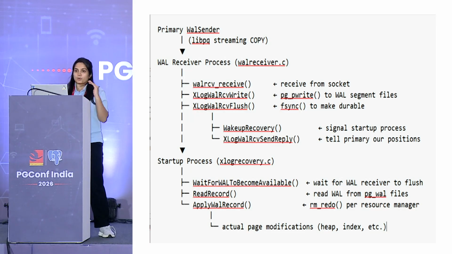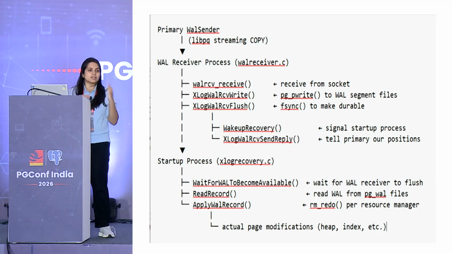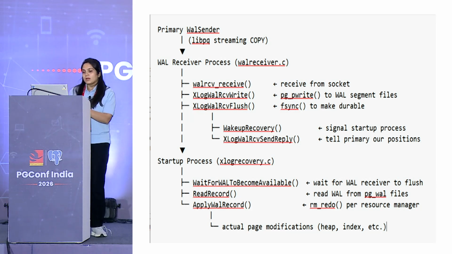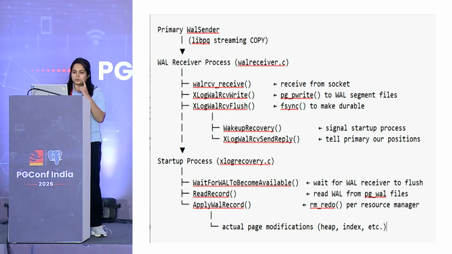At each point we record certain pointers in the shared memory, so that the progress update can be sent to the primary. When WAL has been written to segment files, we record a write pointer and send it to the primary, and so on. There are functions executed to send responses to the primary. Once the record has been flushed to disk, the startup process reads these records from the disk and goes ahead and applies them.